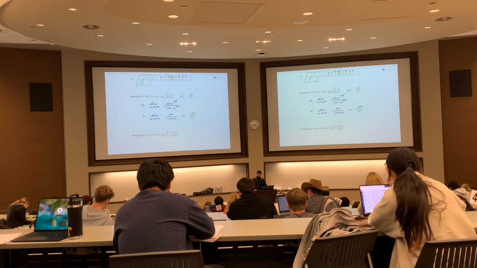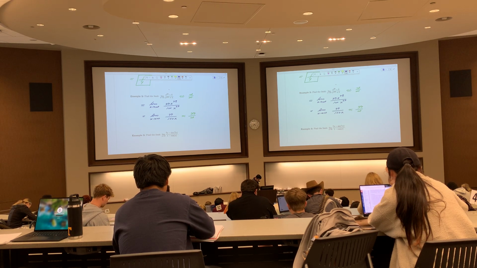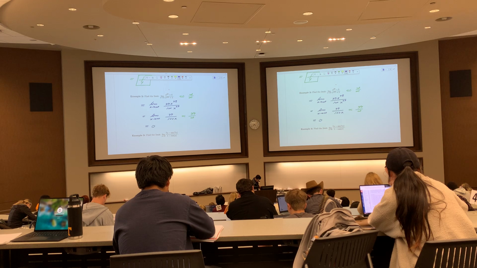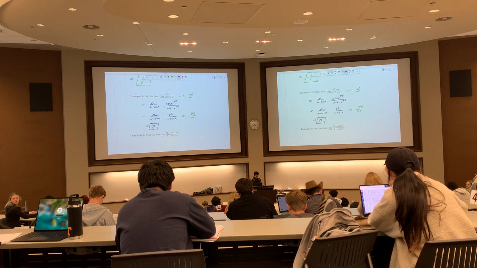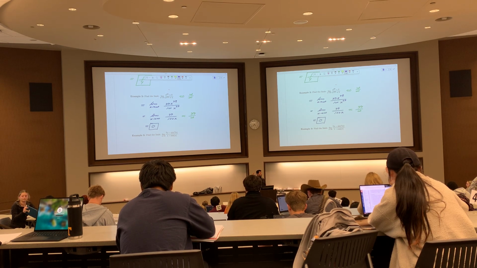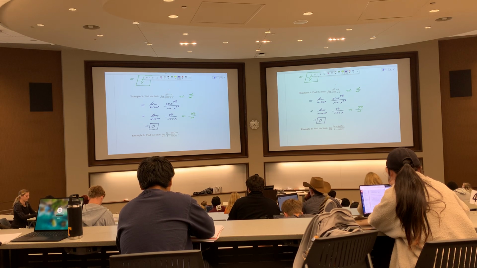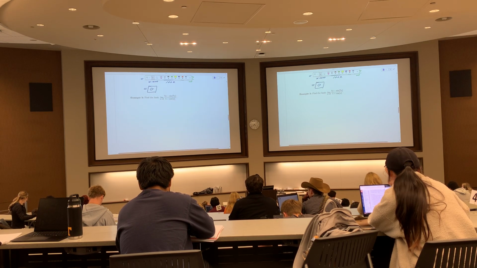And a constant over some infinity gives us a 0, so I'm going to write that it's 0, so that is the answer. That's the limit of this function. So we only have to apply L'Hopital's rule once, not twice in this case. But let's look at this problem.